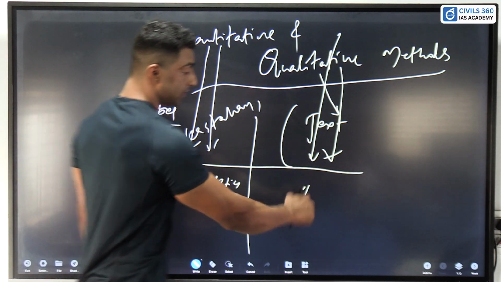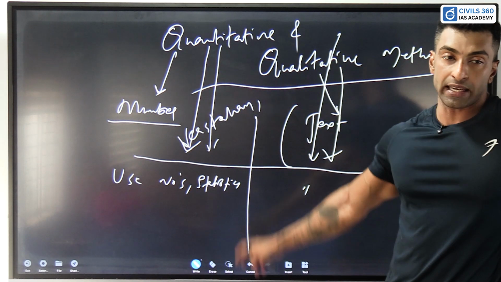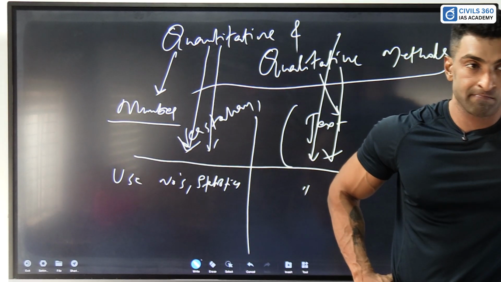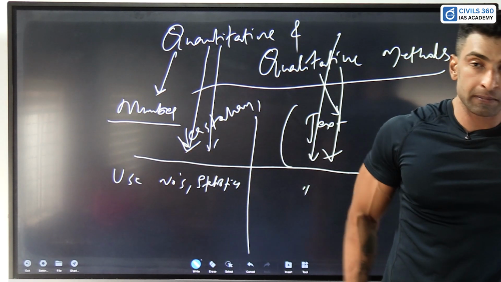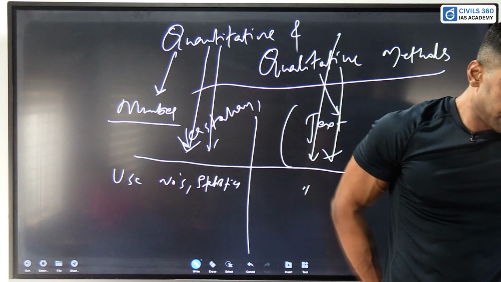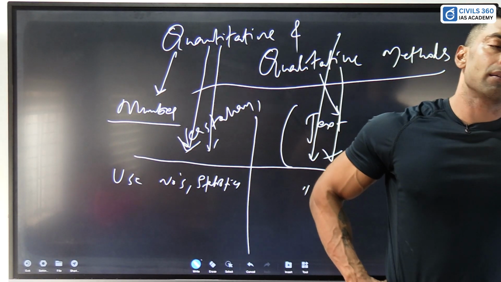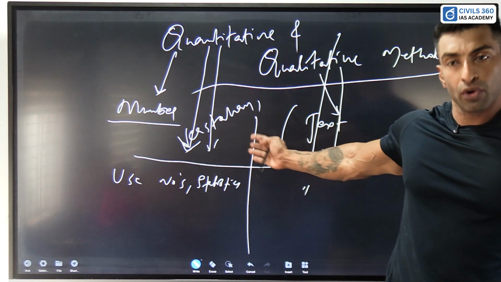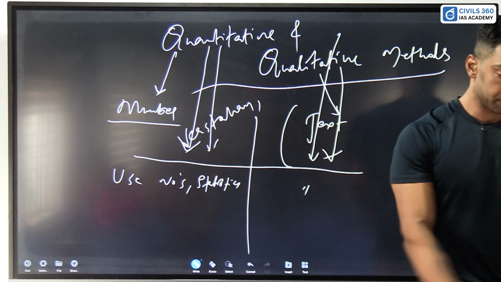Tell me what you will write here. Uses text. In quantitative you write many observations, because you can get it from a large sample. Here, few observations.